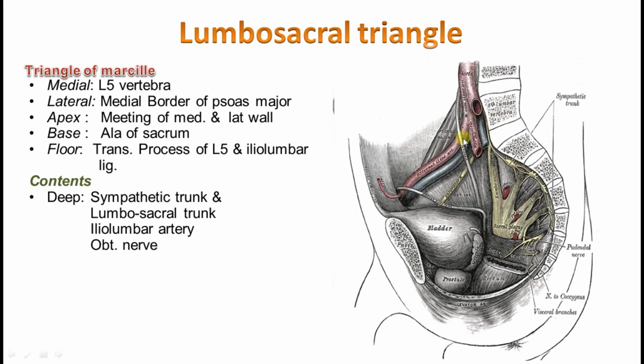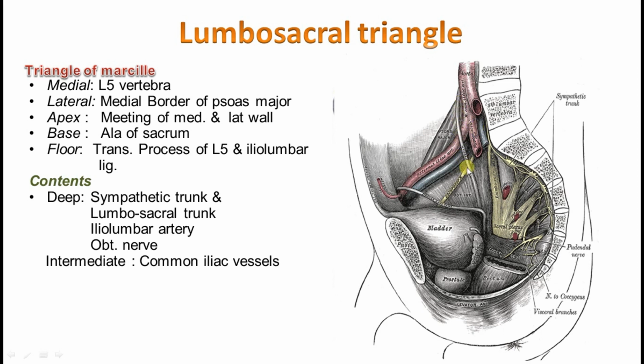In the intermediate plane, mainly you have the common iliac vessels, that is the bifurcation of the common iliac artery into external and internal iliac, and formation of the common iliac vein by the union of the external and internal iliac veins. This is present at the intermediate level as a content of the lumbosacral triangle.